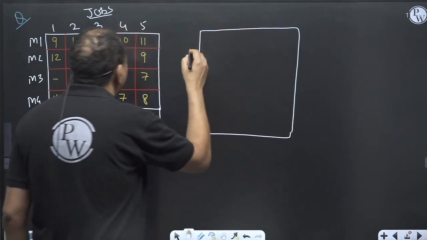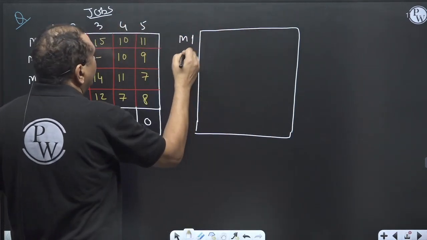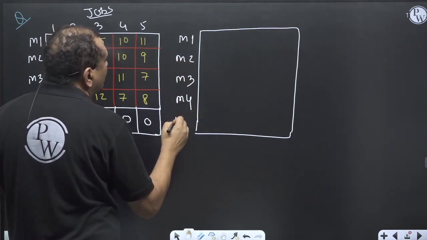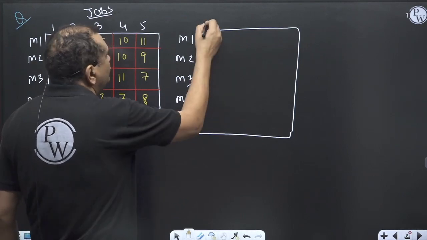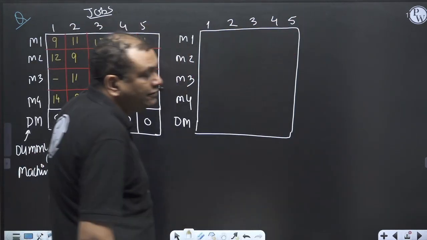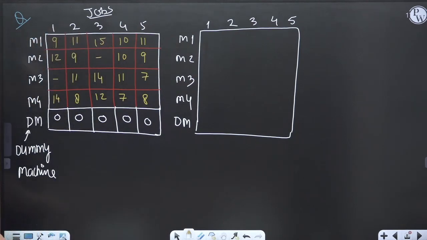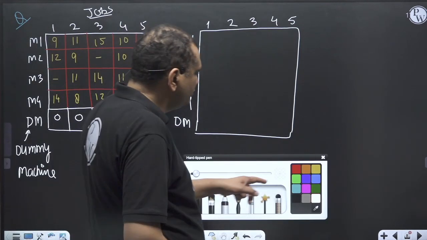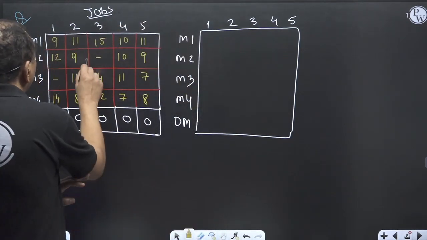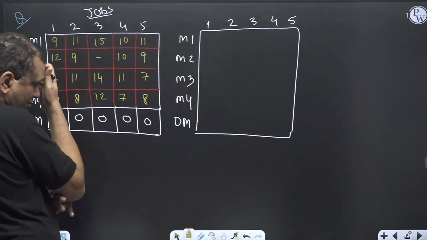So, next table: M1, M2, M3, M4, and the dummy machine; jobs 1, 2, 3, 4, 5. These are the jobs. Do the row operation. Dash means infinite.